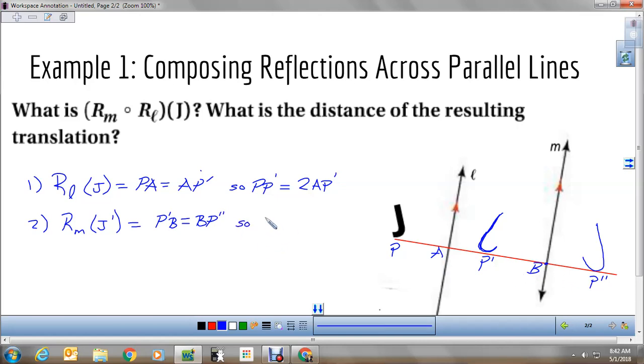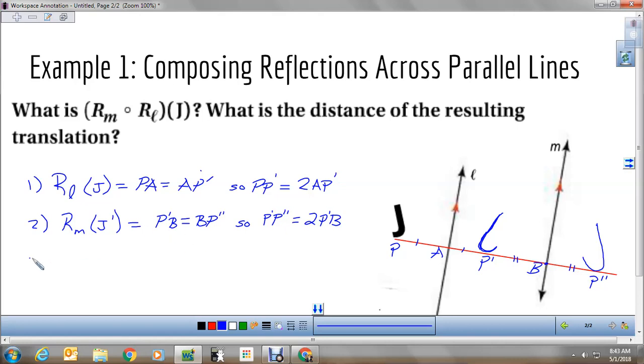So what this means is the distance from P prime to P double prime is going to be equal to 2 times the distance from P prime to B, or B to P prime. So these distances are the same here. Basically it's saying that this distance is the same as this distance is the same as this.